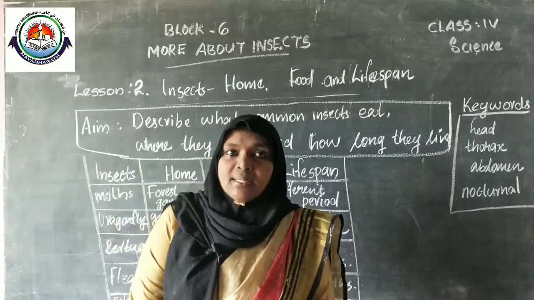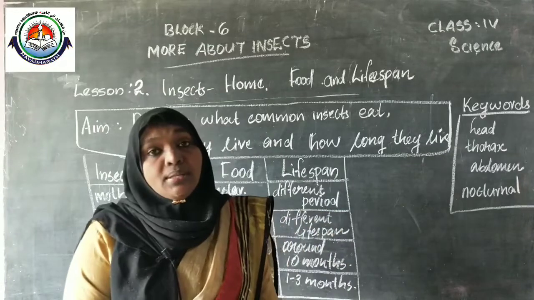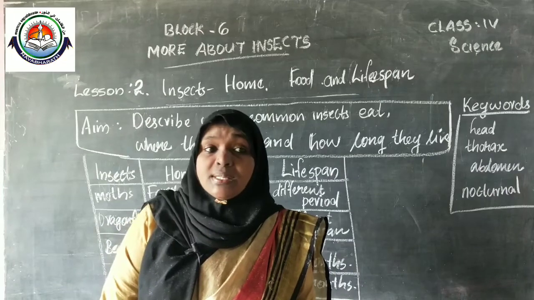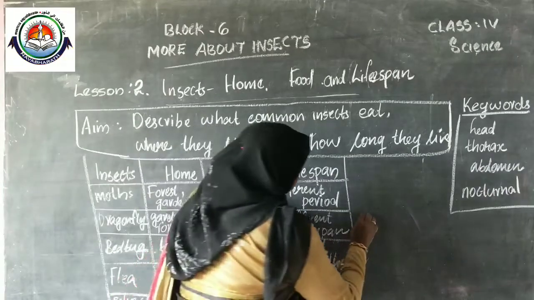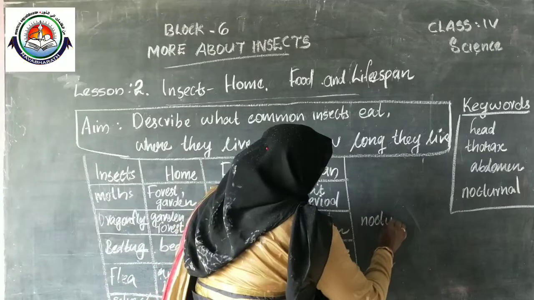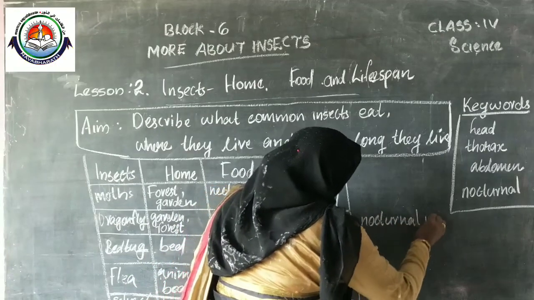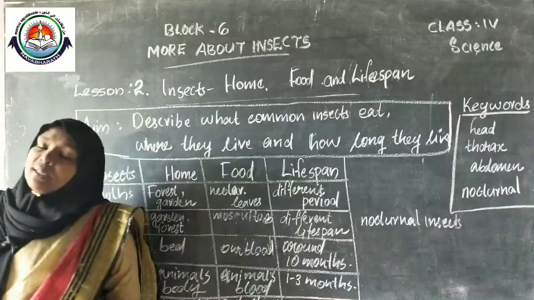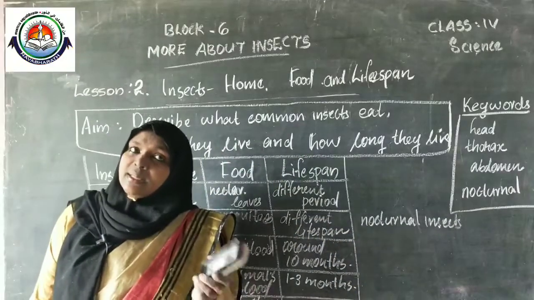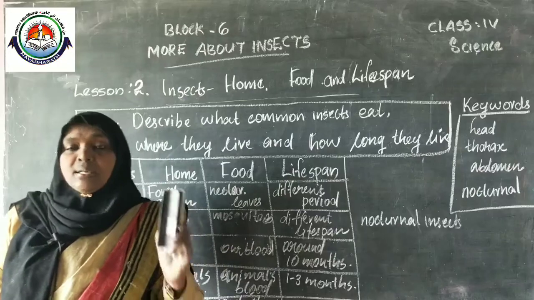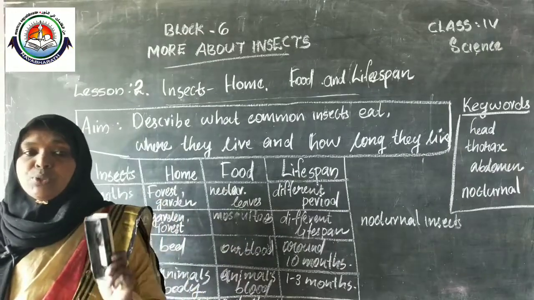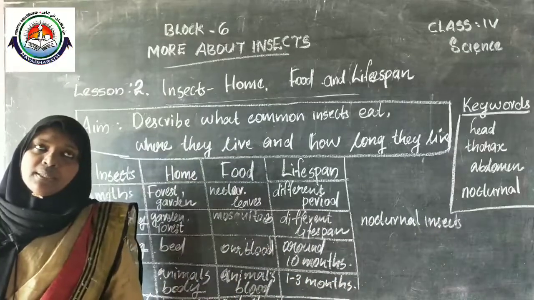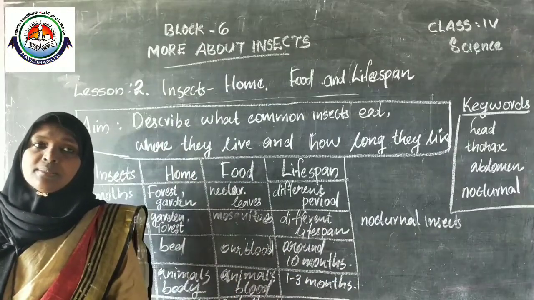The insects that are active only during the night are called nocturnal insects. What are nocturnal insects? Nocturnal insects are insects that are active during the night. Okay, dear children, please give me some examples of nocturnal insects.